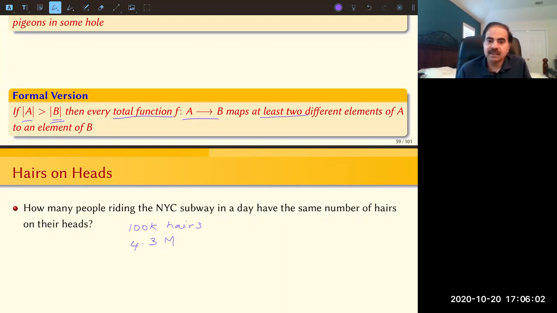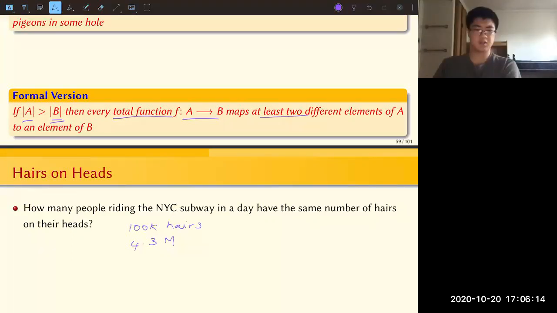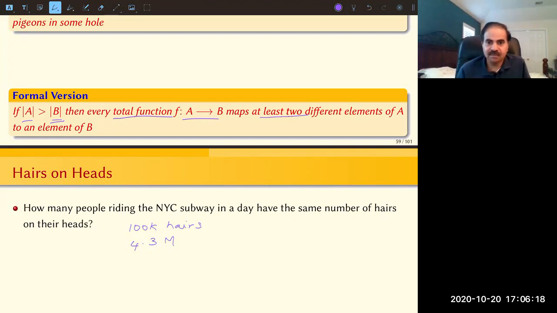So you can tell me on average, and then we can see whether. Would it be 430? 43, right? 1000 K is a million. So 43.